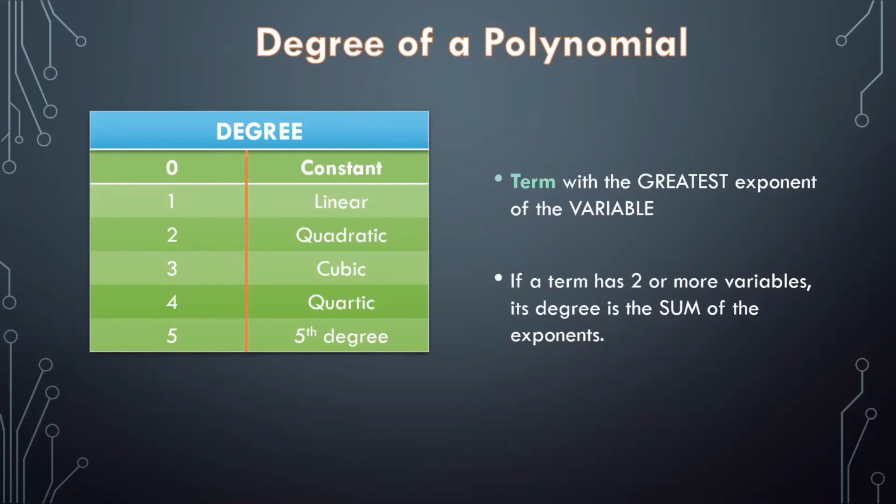But this is very important to jot down, so if you need to pause, you can. If a term has 2 or more variables, its degree is the sum of the exponents. That might sound like a lot, but we're going to do that. So just bear with me. Pause at any time if you need to write things down because it's moving too fast.